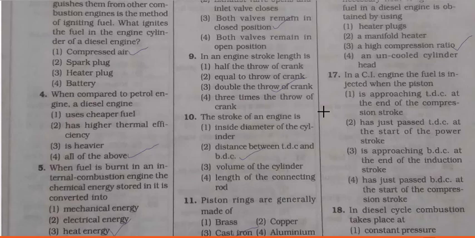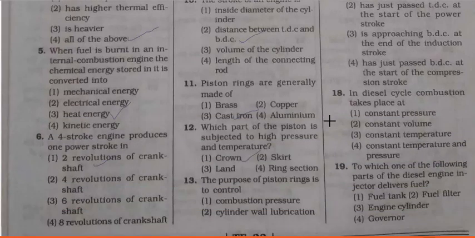In a CI engine, the fuel is injected when the piston is approaching TDC at the end of the compression stroke. In the diesel cycle, combustion takes place at constant pressure.